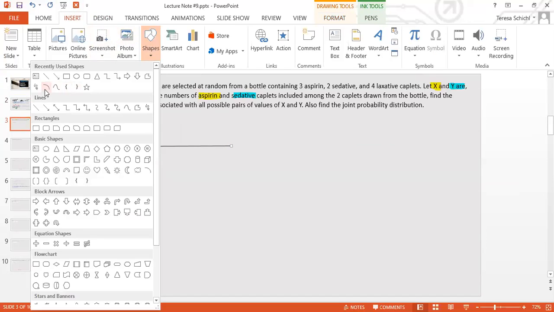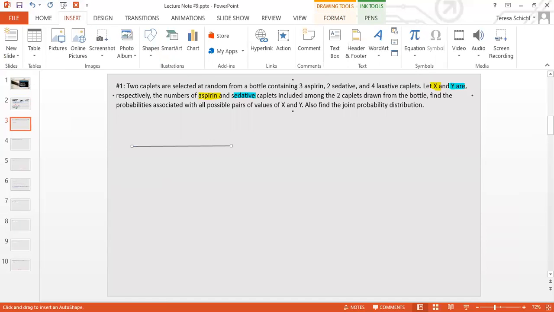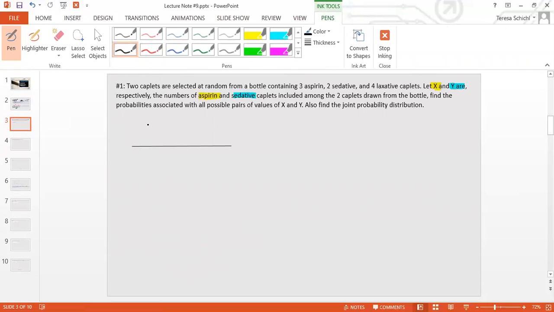Let me get a color; I like black. Here is my table, and this is the X, and this is the Y.